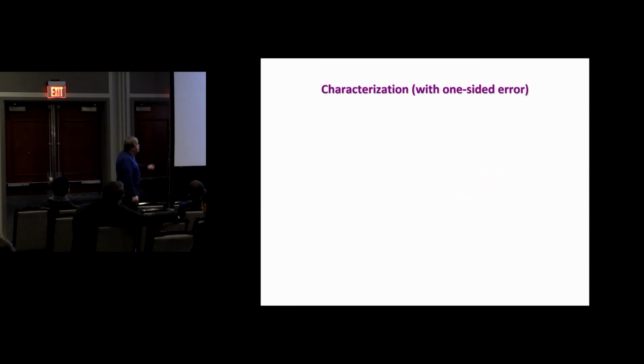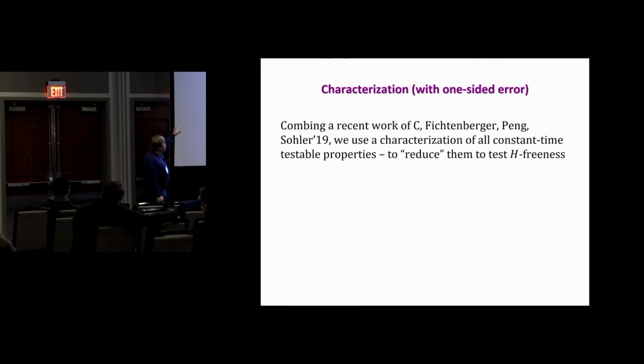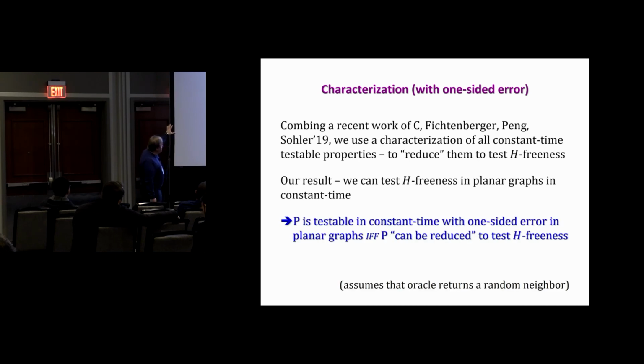And as I said, we also have a full characterization, which works only for the model I focused on at the beginning, where for every vertex we can ask for a random vertex and then a random neighbor. In this model, we have a full characterization, which follows from the fact that essentially we have canonical algorithms.